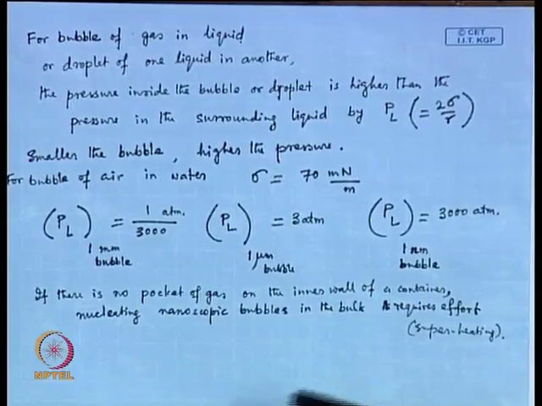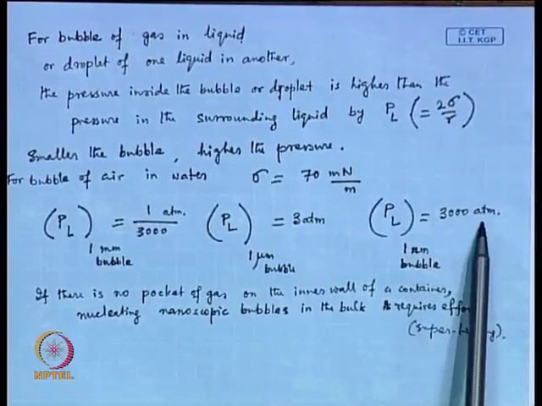What I try to write here is, if there is no pocket of gas on the inner wall of a container, and suppose you want to boil water in a pot, with no artificial nucleation, no such platforms present for nucleation, then if it has to nucleate on its own inside the bulk, the bubble has to form inside the bulk of the liquid, and that has to be a nanoscopic bubble.